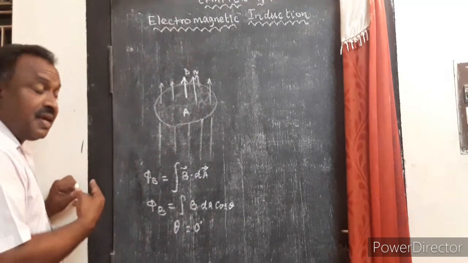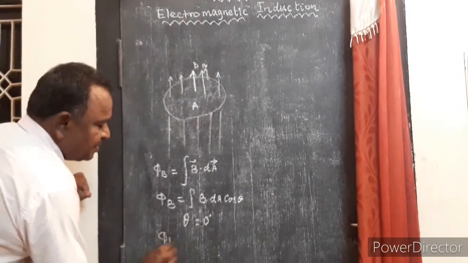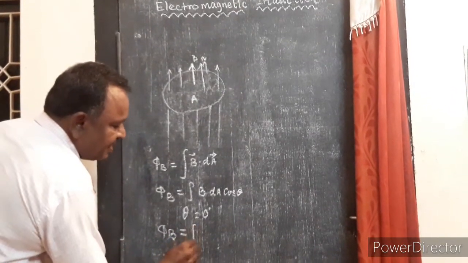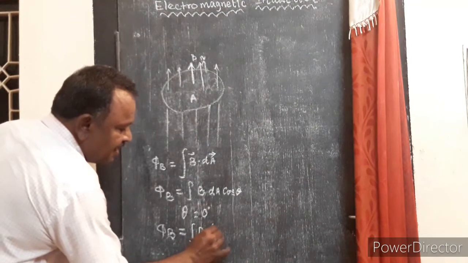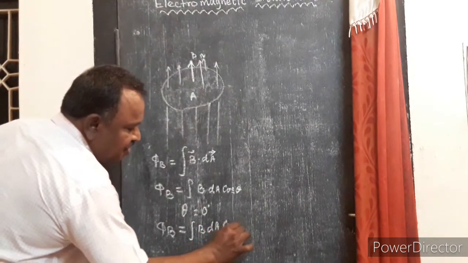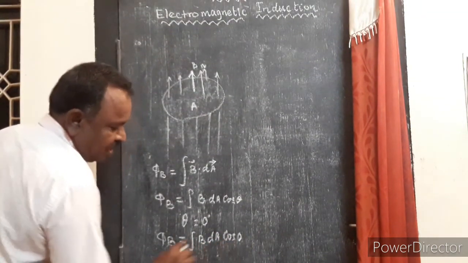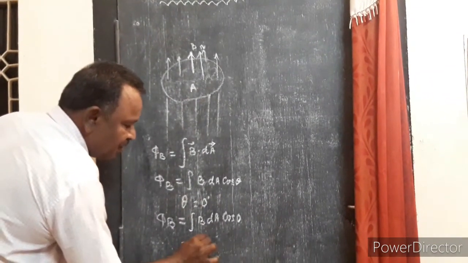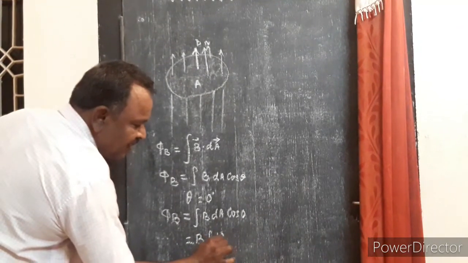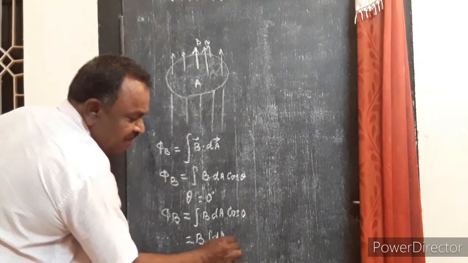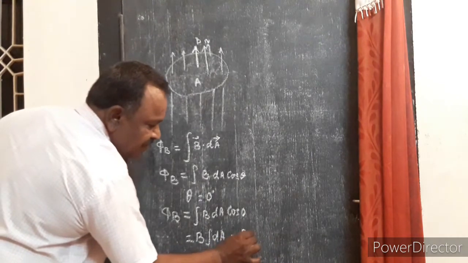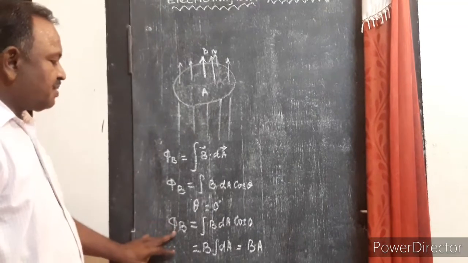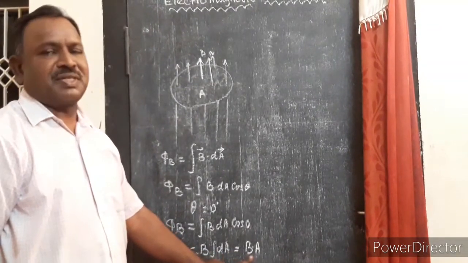Then magnetic flux is given by phi B is equal to integral B dA cos 0. Cos 0 is equal to 1. The magnetic field is uniform, so B into integral dA, integration of dA will give A. So it will give BA.